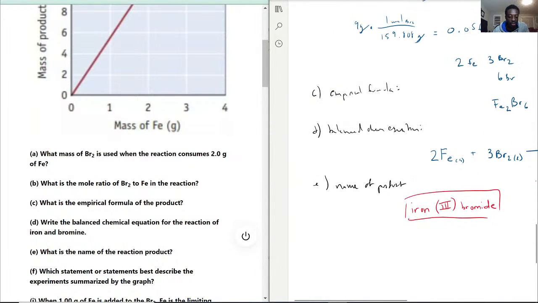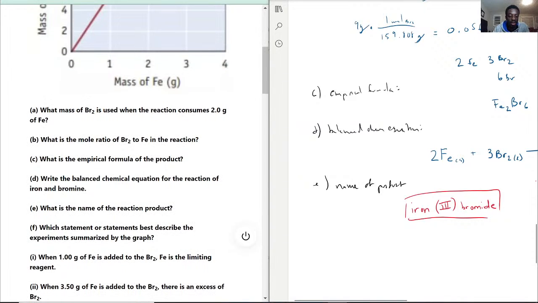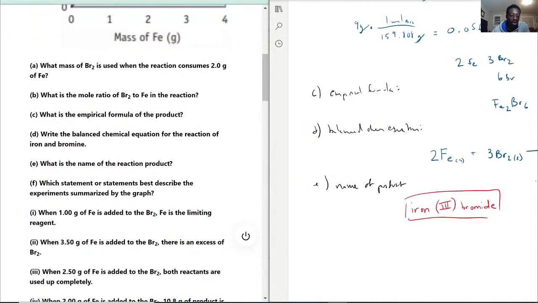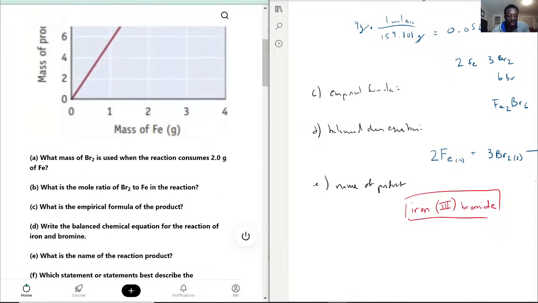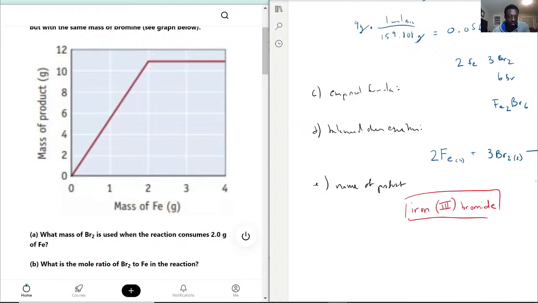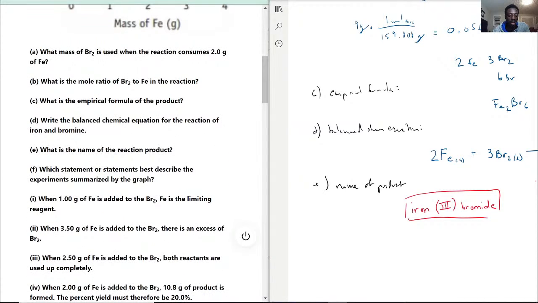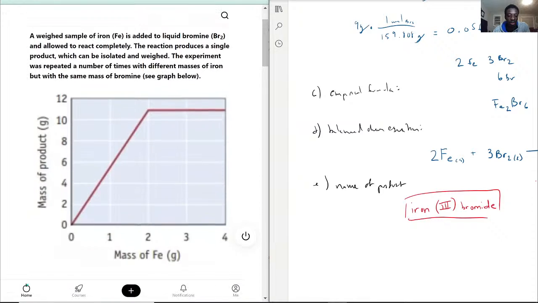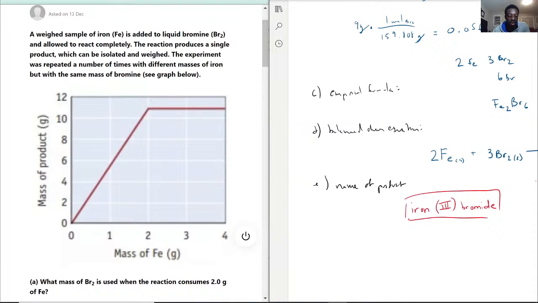And then F, which statement or statements best describe the experiment summarized by the graph? When 1 gram of iron is added to Br2, iron is a limiting reagent. Okay, we'll keep a note for that. When 3.50 grams of iron is added, there's an excess of Br2. You notice that even as the mass is increasing here, there's no more product, because now we've run out of bromine here.